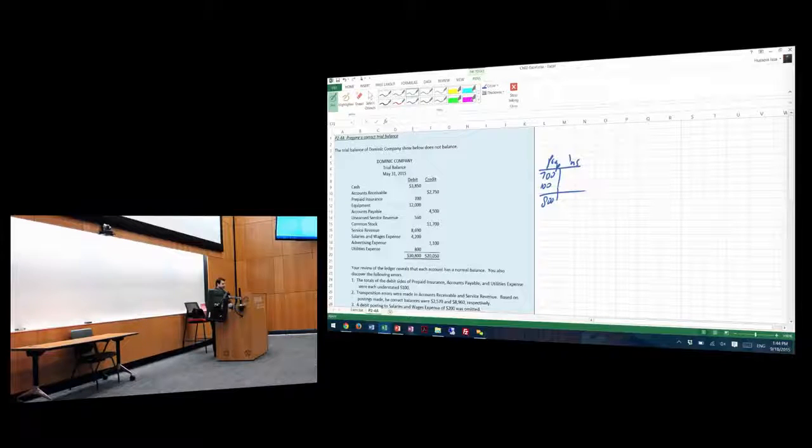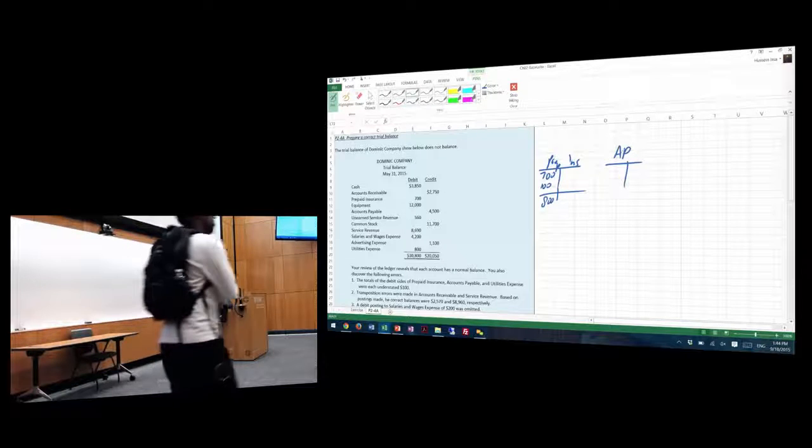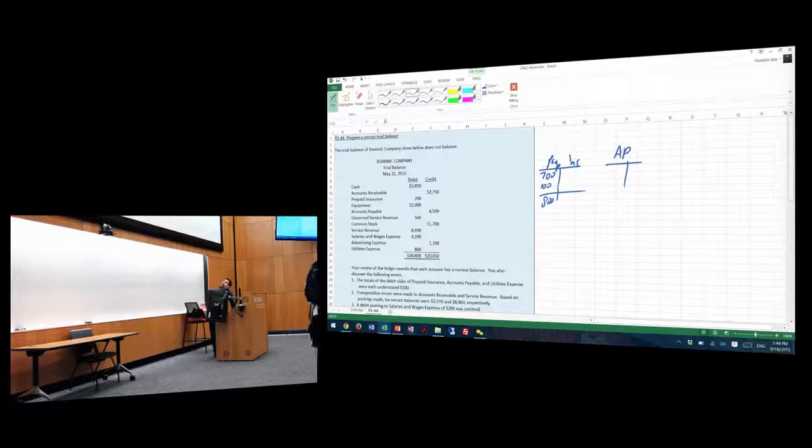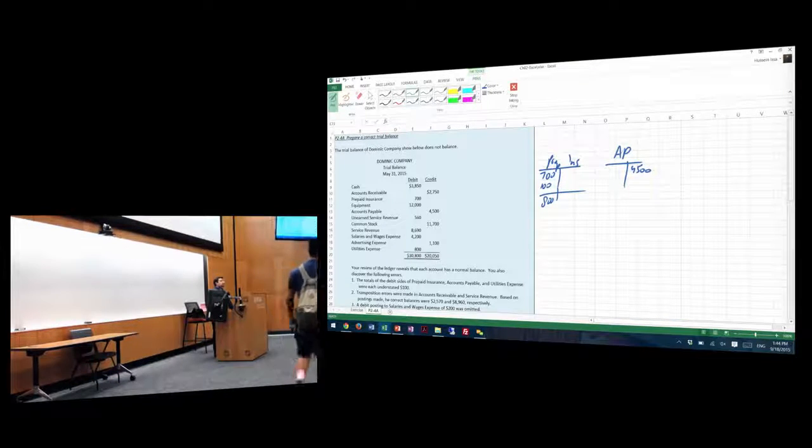Look at the second one, accounts payable. What's the balance of accounts payable? Come on, faster. I know that you can read. 4,500 on the credit side. So it's a credit balance of 4,500. The debit side was understated, so you add the 100 on the debit side.